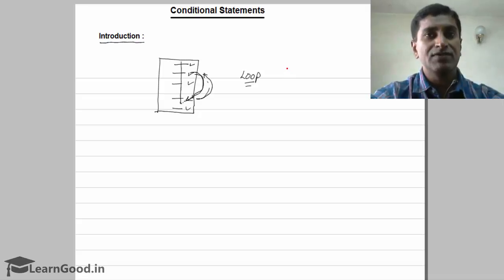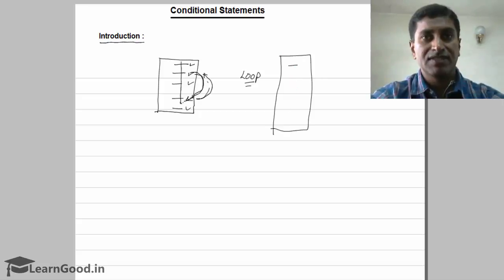So why do we use this forward jump? In a program, you have a set of statements. Depending on some conditions, I would like to execute some set of statements. Assume that you want to execute these statements by checking some condition here. If this condition is true, only then this set of statements has to be executed.